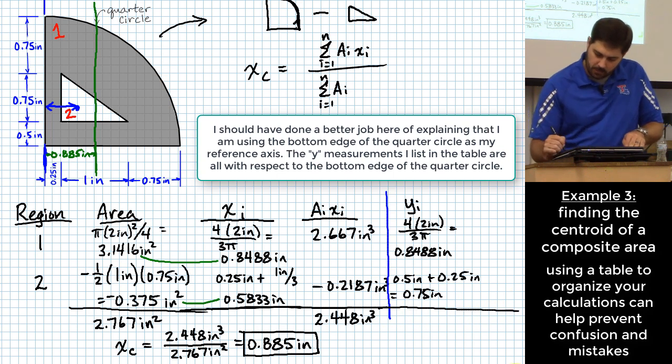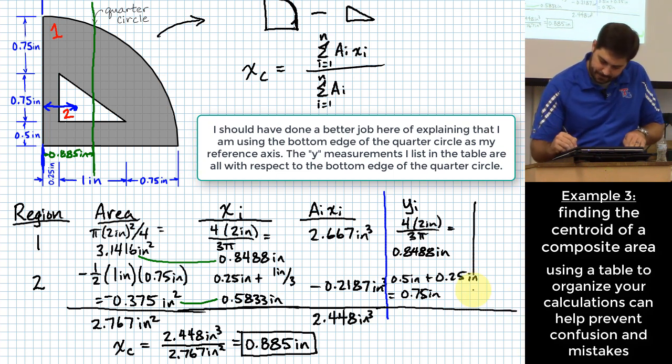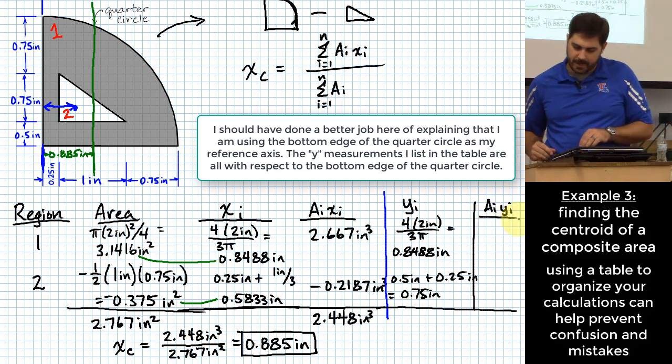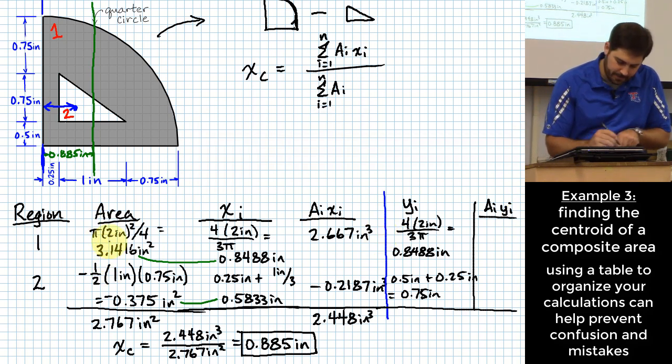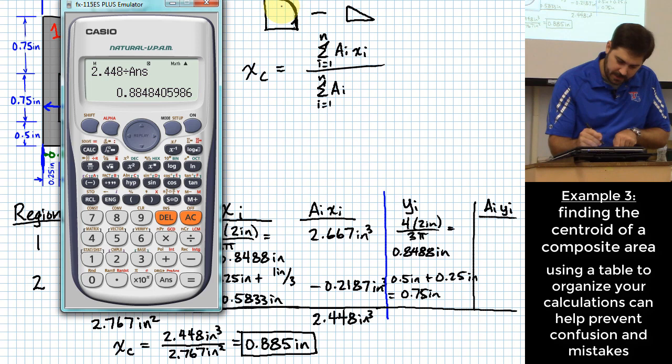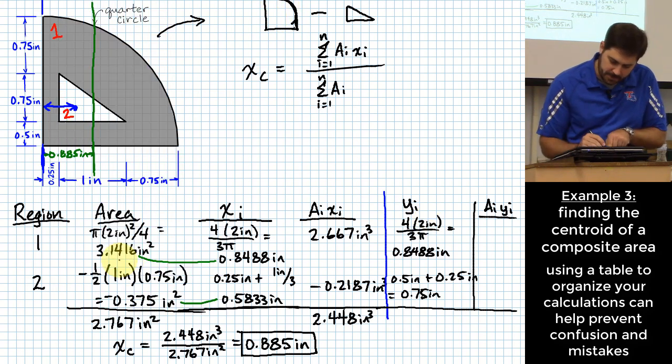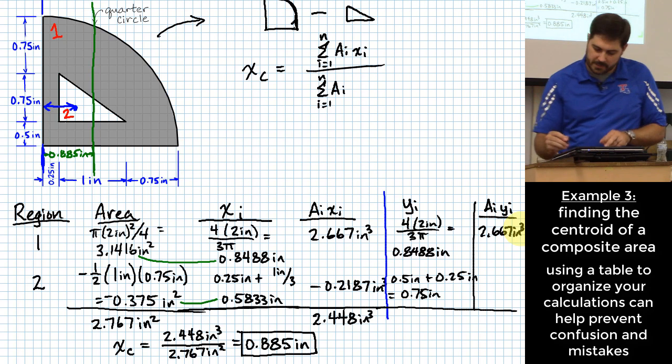Okay, and once I've got all that, I can figure out a sub i, y sub i, just by multiplying the area I had over here on this far left column, which actually ends up being the same thing for this first entry. It'll still be 2.667 inches cubed. But what about the next one?